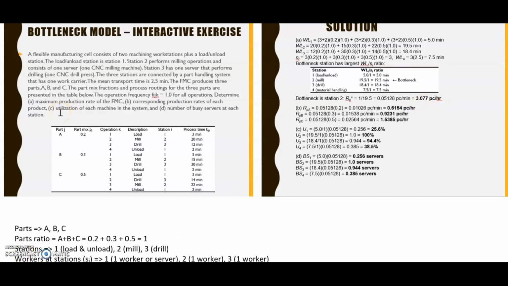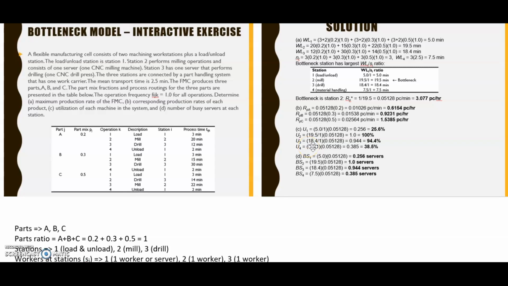Question C is to determine the utilization of each machine in the system. The formula is the ratio WL/S times the bottleneck production rate. For station 1, WL/S is 5/1 times the bottleneck production rate 0.05128. Station 2 is 19.5/1 times 0.05128.